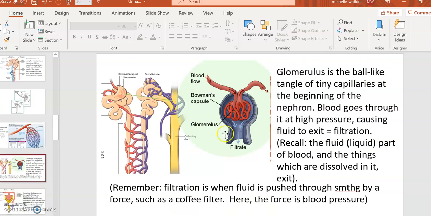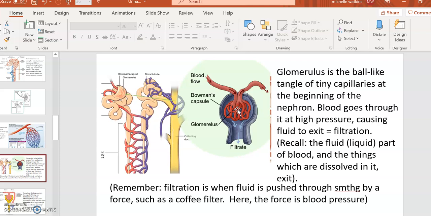Because the very beginning of a nephron, here's our long nephron curving around. This is the very beginning of a nephron. If we do zoom in on it, here it is. It turned blue for some reason in this diagram, but it's the same thing. It's a tangled little capillary bed, very small, inside this capsule. This tangle of capillary bed gets very high pressure blood.